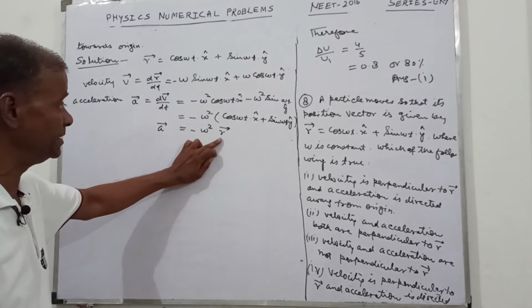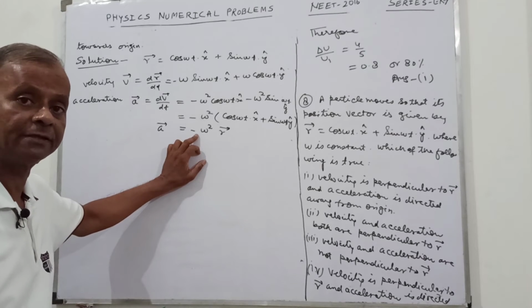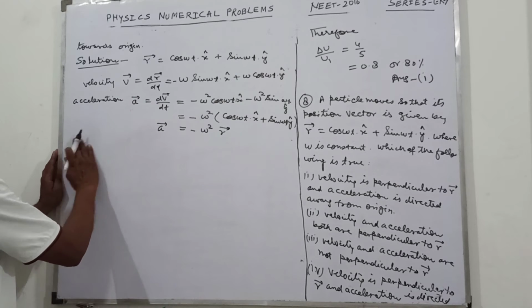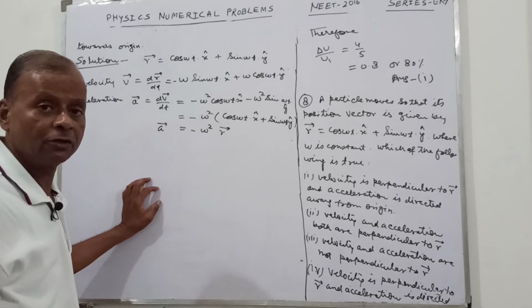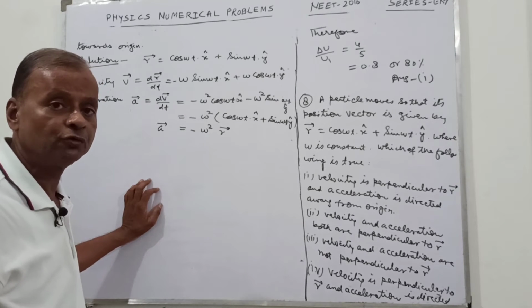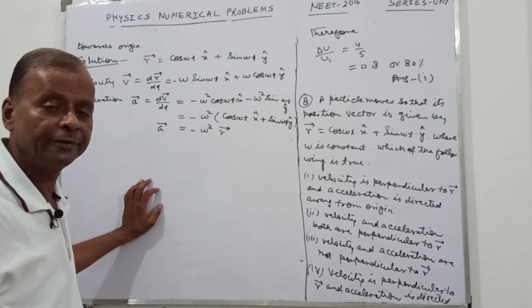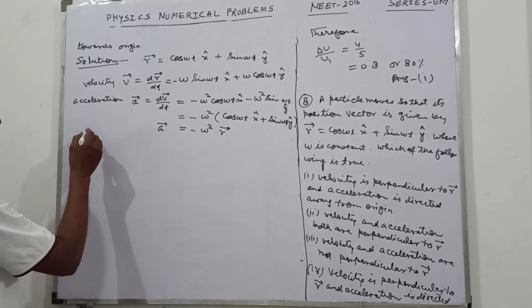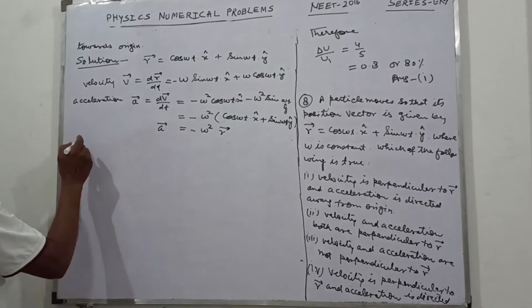This minus sign indicates that this is always towards the center. And now if we find the dot product of v and r, and it comes out to be 0, then the angle between them will be 90 degree. So you can have it like this.